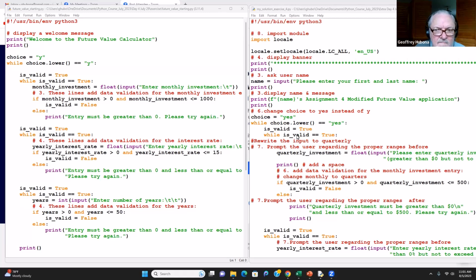Now, today we're going to start talking about data structures. And of course, there's a lot to talk about with data structures. We're going to start out talking about lists, which are a mutable structure.